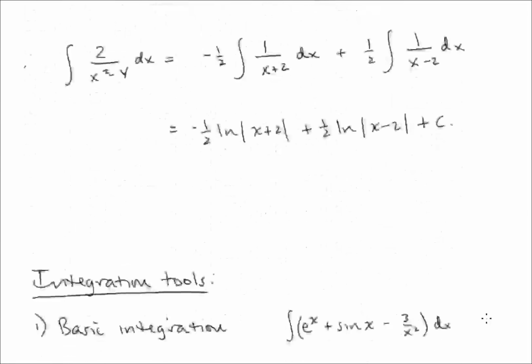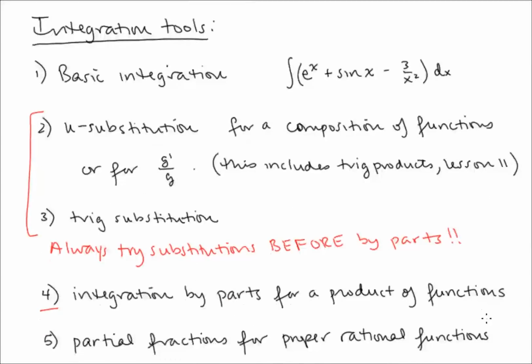Now, before we conclude this lesson, let's take a look at the integration tools that we have. We have our basic integration rules. And if our integral is not a basic integral, we know we should be looking out for a composition of functions, or a g prime over g, so that we can use u substitution.